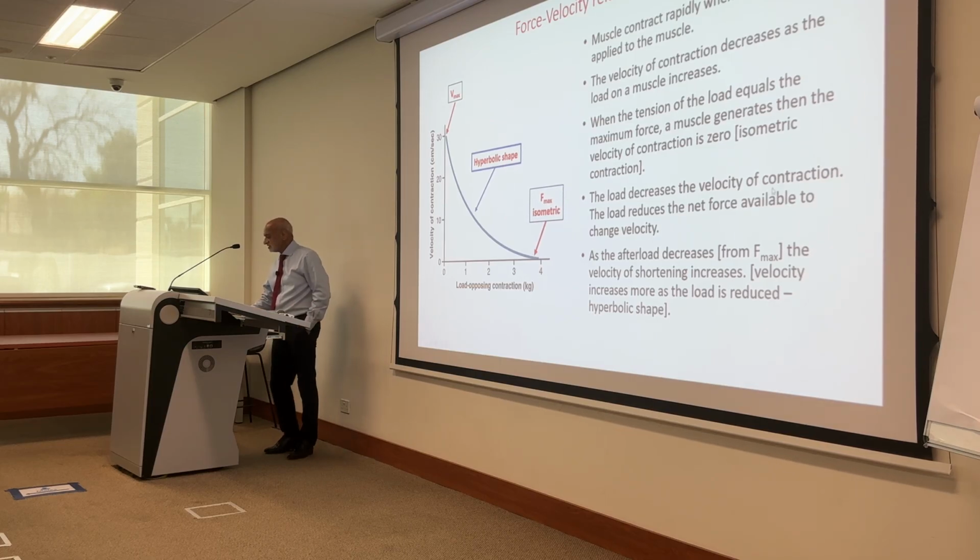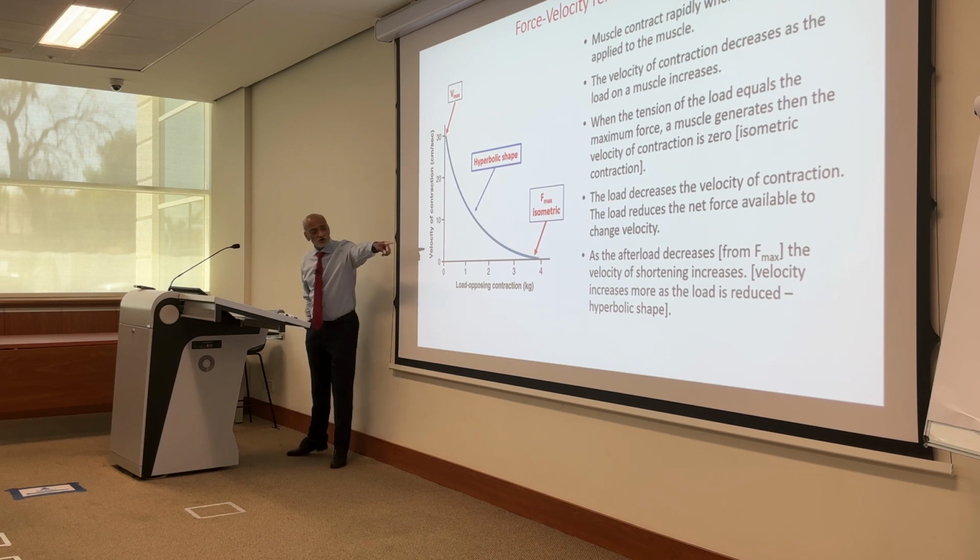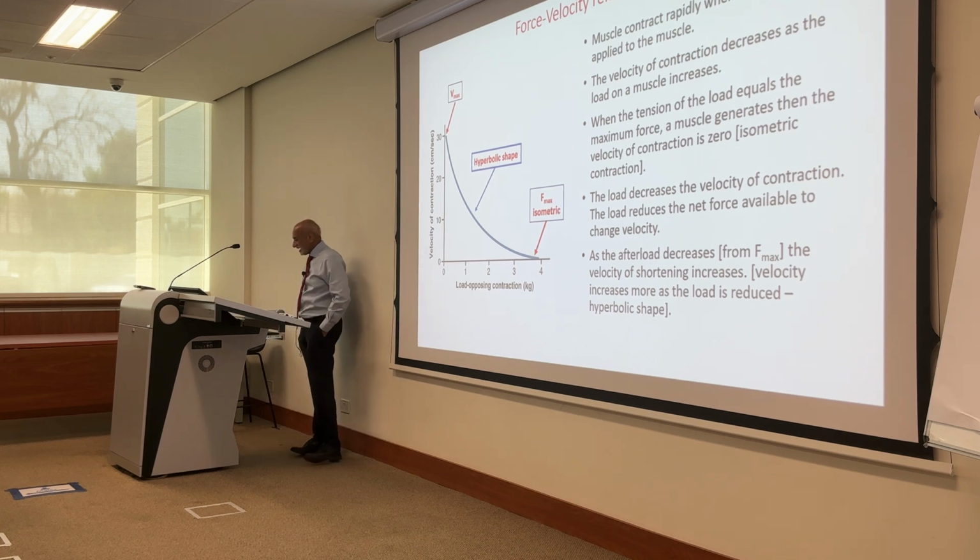The only thing you need to know is when the tension of the load equals the force of contraction of the muscle, then you're going to get zero velocity. On the other hand, when you have no load on the muscle, you'll get extremely fast velocity. Obviously, as the afterload decreases, you're going from the bottom this way, the velocity of shortening will increase. In other words, it's an inverse relationship.